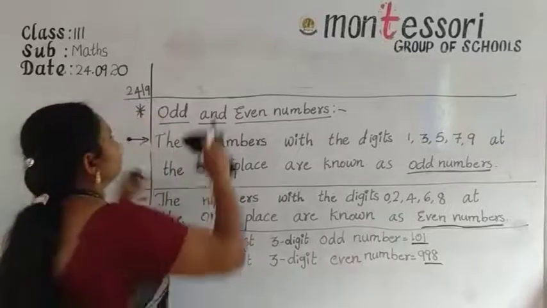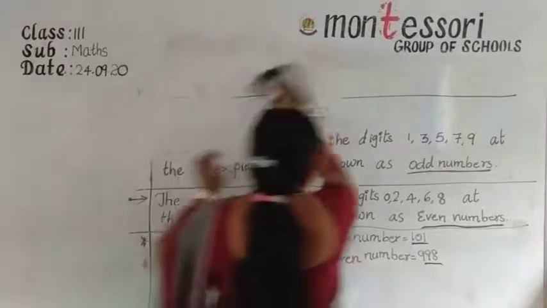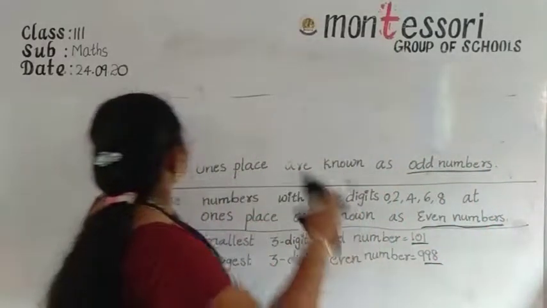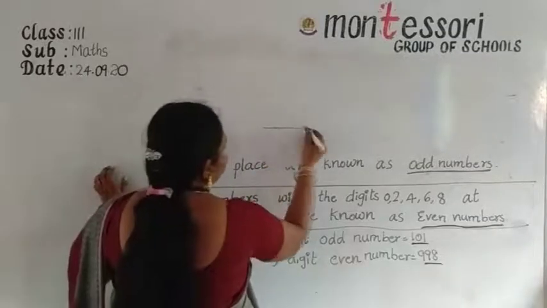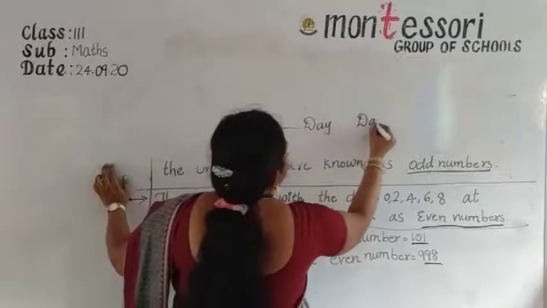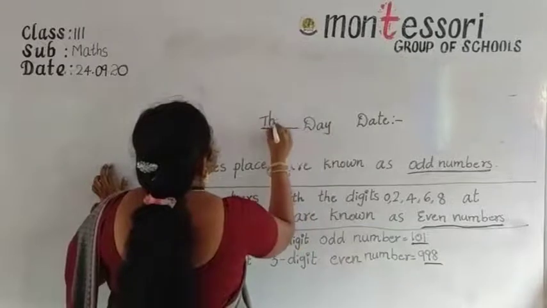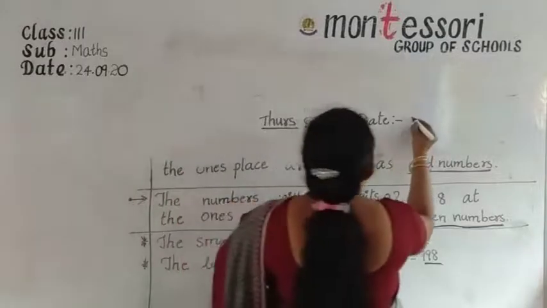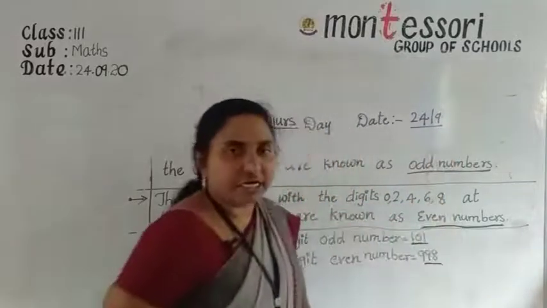And take your diary, all of you, and write today's date and day. Today's day, Thursday, and date 24/9. And write diary work.